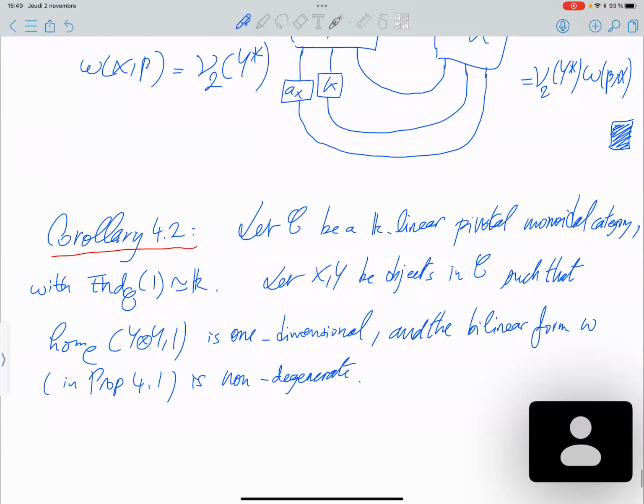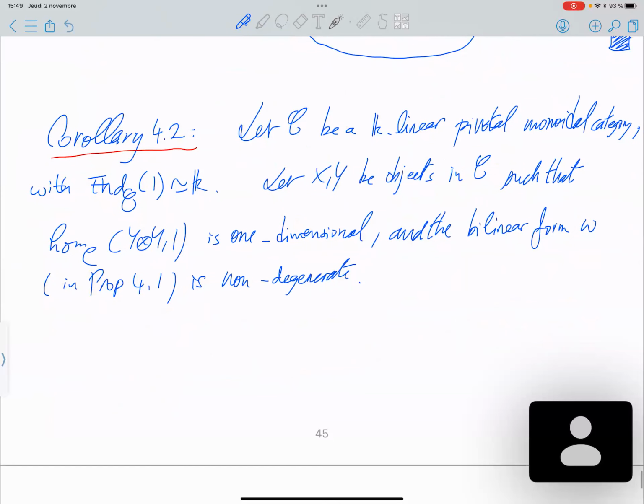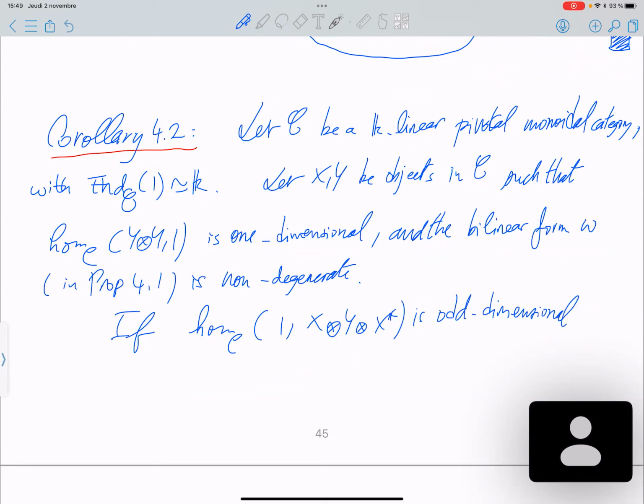Okay. If the Hom space between 1 and X tensor Y tensor X star is odd dimensional, then the second Frobenius indicator of Y star equals 1.